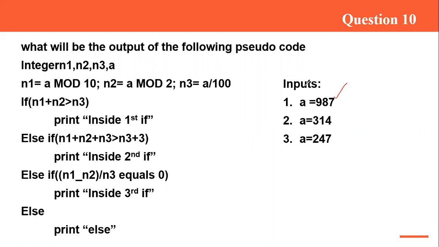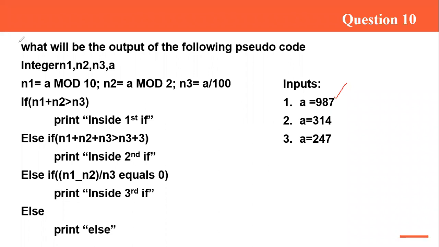Still a few people are saying first if and second if. And if you try to observe, those are if, else if, else if, else. Only one statement will be executed at a time. Majority are with first if, but very few people are with second if.